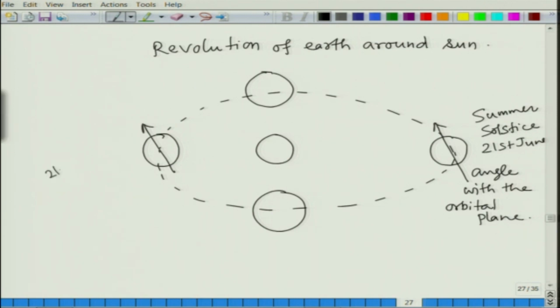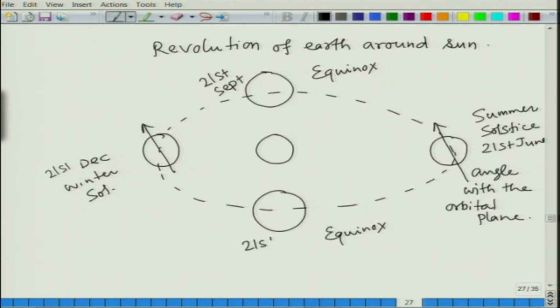And 21st December is the winter solstice. And there are two equinoxes that we have: one is the autumnal equinox, which is 21st September, and the spring equinox, which is 21st March.